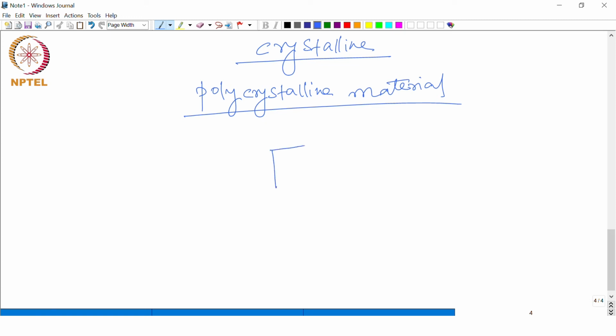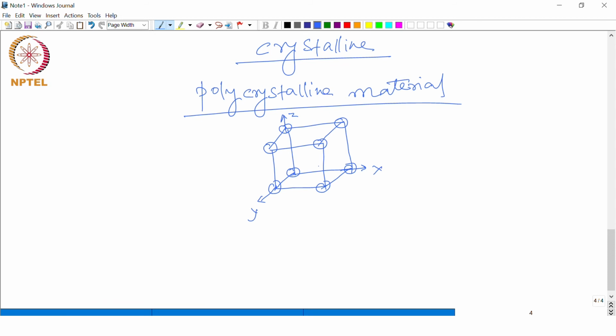We have seen the example of this cubic structure, wherein the atoms are in the corners of a cube like this, okay, which will give rise to a cubic metal or a cubic crystalline solid.